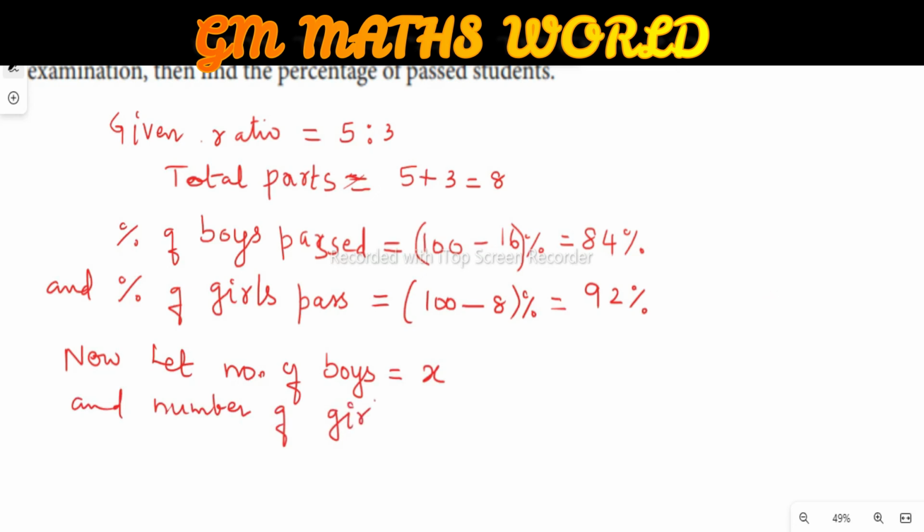Now we have to take let the number of boys be x and the number of girls be y, so total number of students will be x plus y.